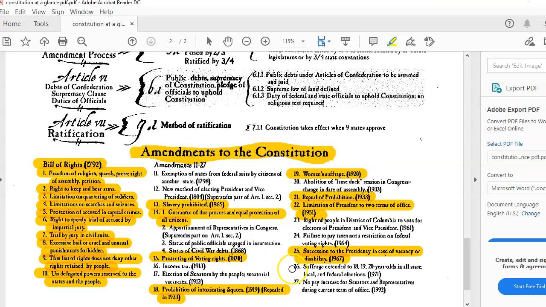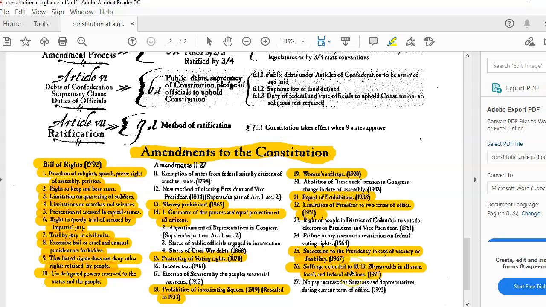And then the last one you have to know is number 26. This is when the voting age was lowered to 18 from the age of 21. So now, when you turn 18, you can vote in federal elections, state and local, but that wasn't always the case. It used to be that you couldn't vote until you were 21.